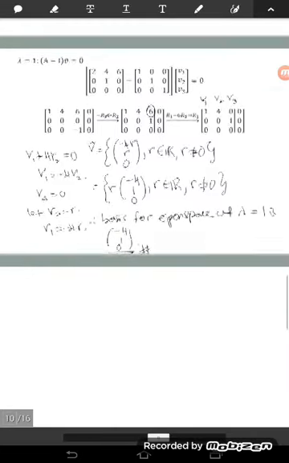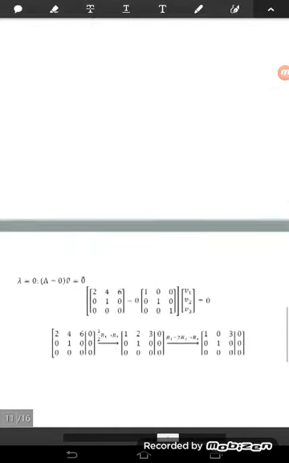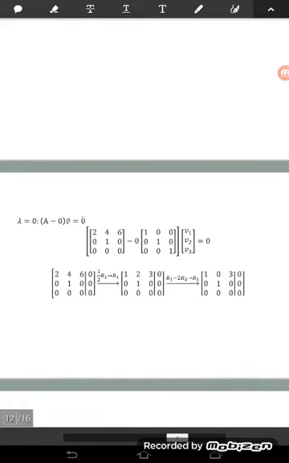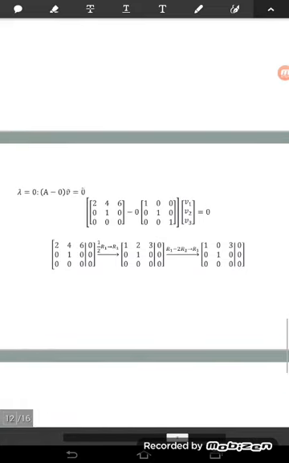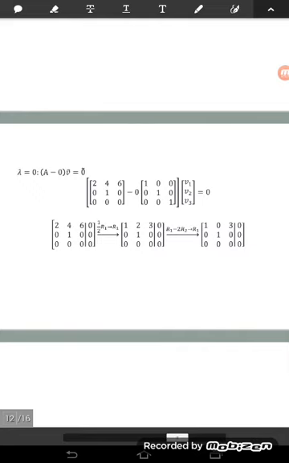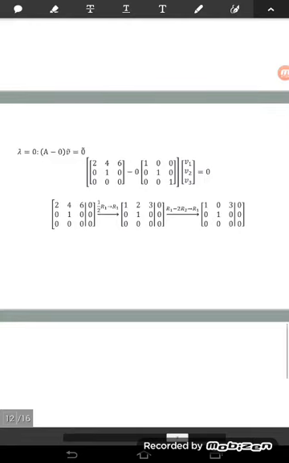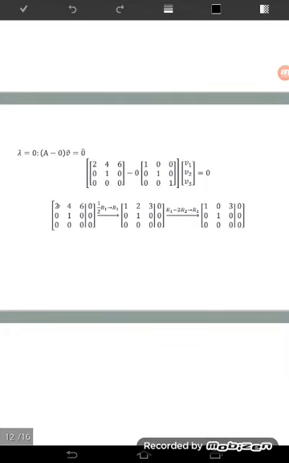Next, for the last eigenvalue, find the eigenvector and the basis of the eigenspace. For lambda equal to 0, we have this form, and convert into augmented matrix. We make this one a leading 1 for row 1, so divide by 2 and put back at row number 1.